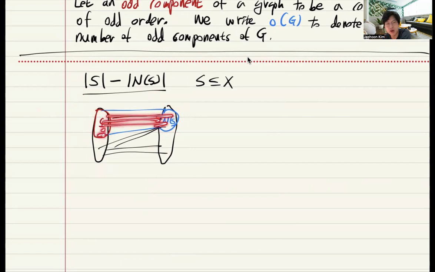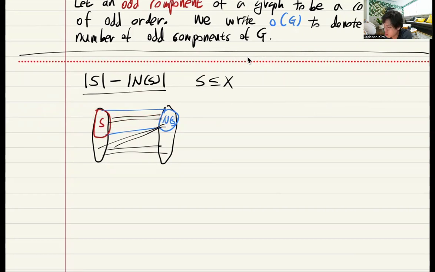They remain unmatched. So that's the obstacle to obtaining a perfect matching. And then we actually show that if we choose the optimal S, the ideal S, then that exactly covers how many vertices have to be unmatched in the maximum matching.